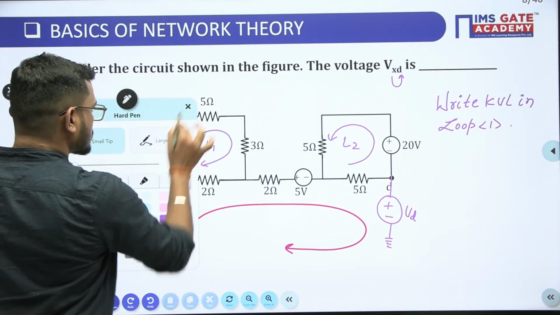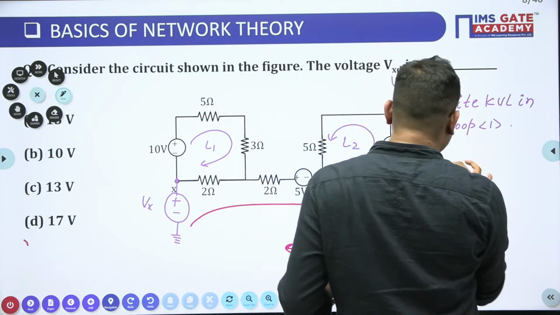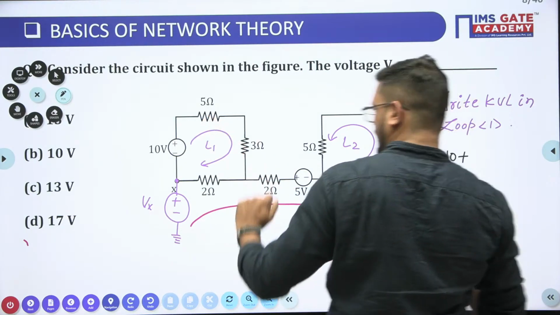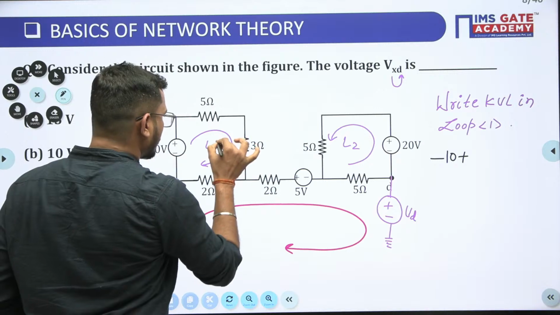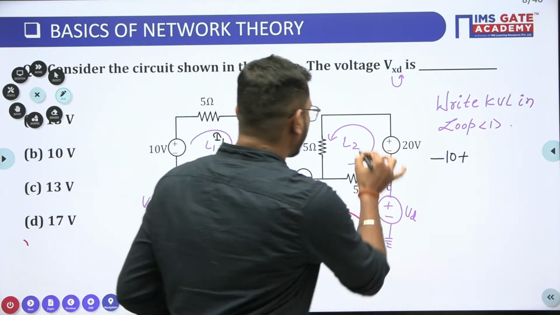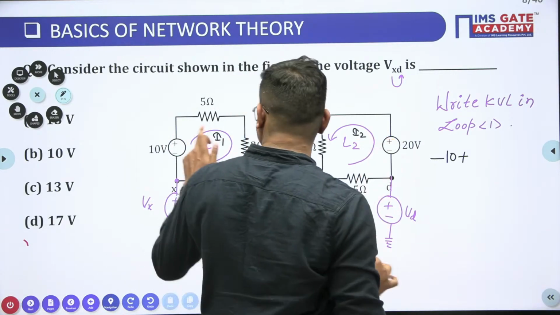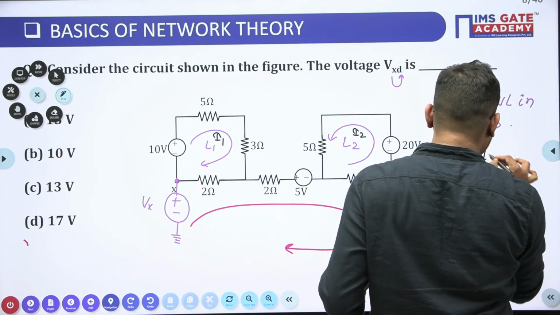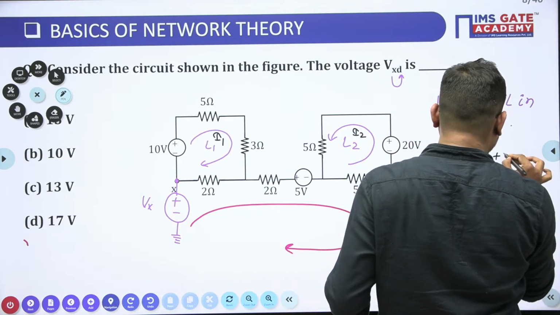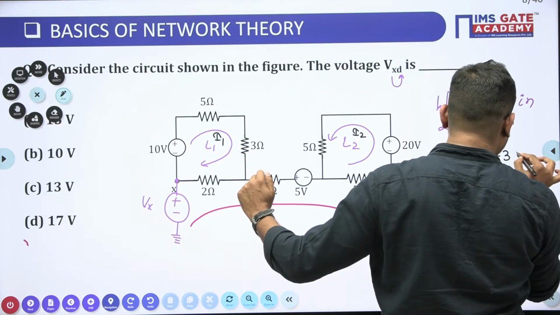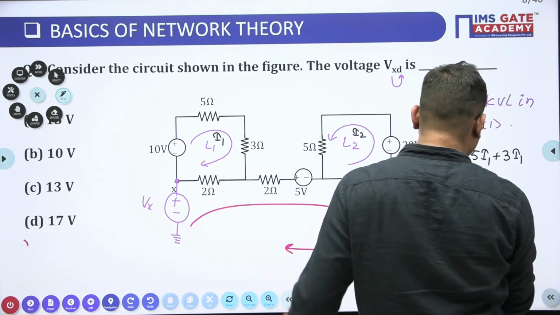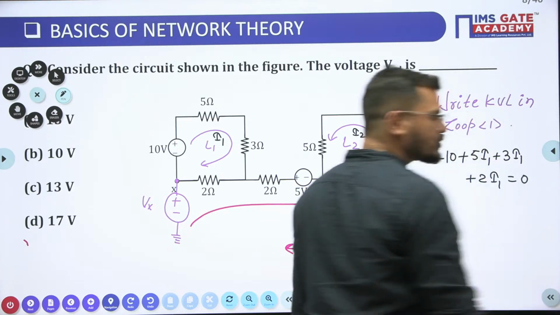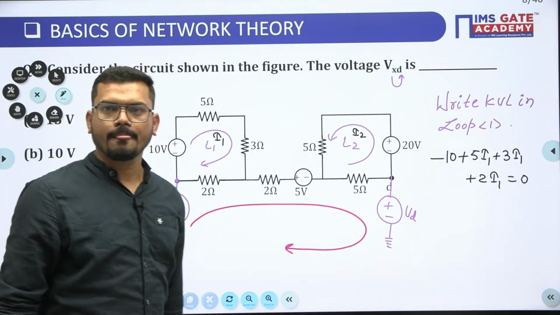Let us suppose this current is I1, and this current is I2. So minus 10, plus 5 times I1, plus 3 times I1, plus 2 times I1, and this must be equal to 0.